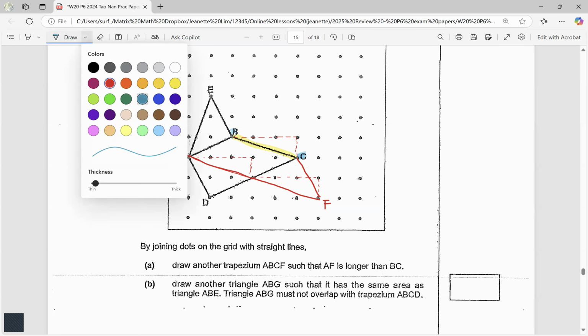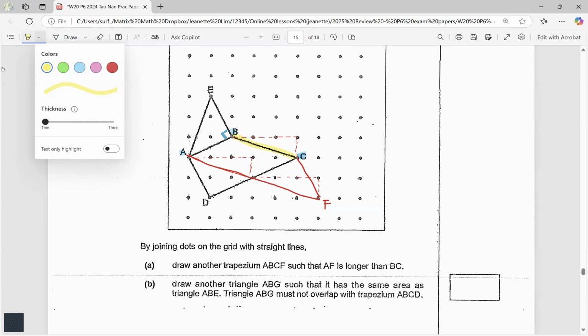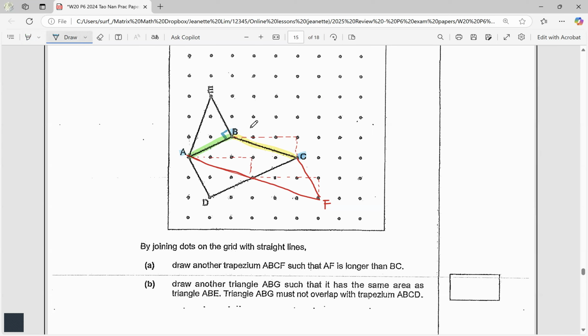To find G, it needs to be the same height. Okay, let me use another color. So this is a right angle here, right? So if the base is AB and the height has to be perpendicular, BE is the height.